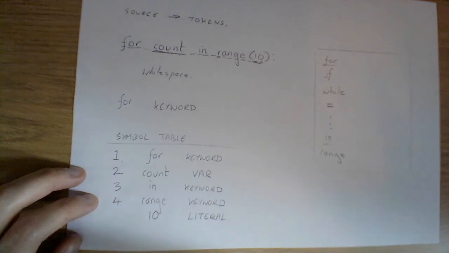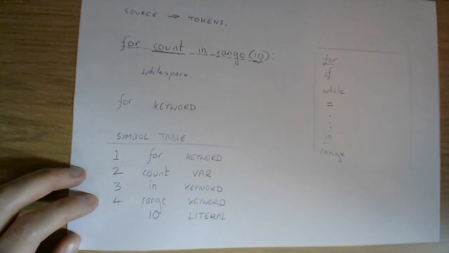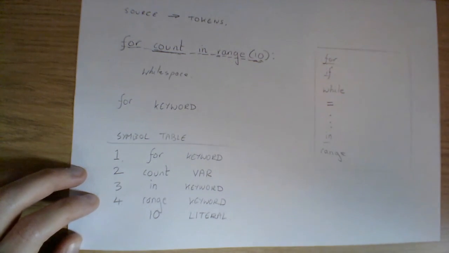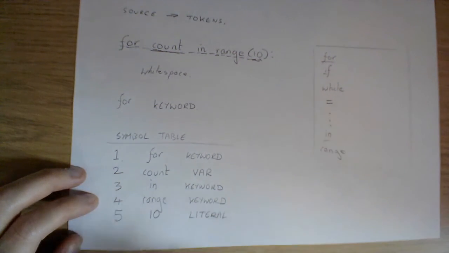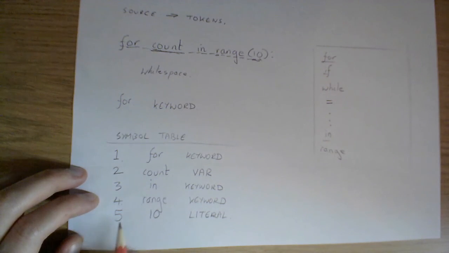So other examples of literals could be true, false, 10, 15, Bob, dog, anything. Anything that is just a word, a number, a character, or a true or false value, it's a literal. It doesn't do anything in and of itself. So what I have here is I've currently got 5 tokens created.